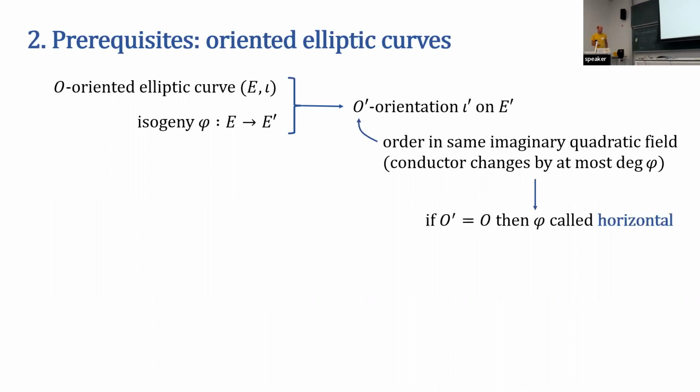If we are in the special case where O prime equals O, so where the ring doesn't change, then we call this isogeny horizontal. And these will be the only isogenies that we will be considering.